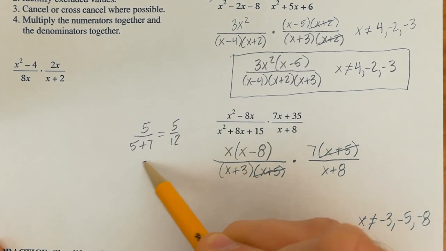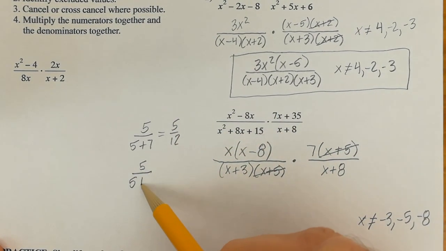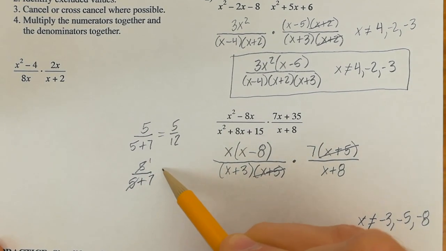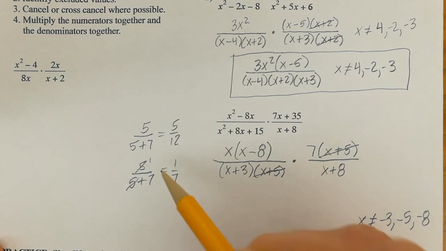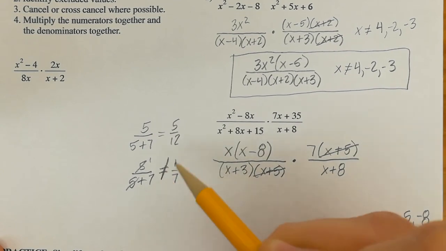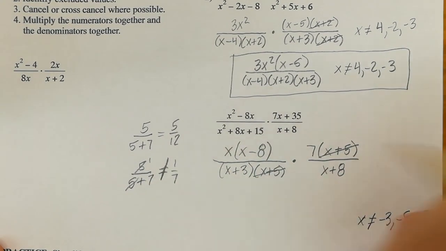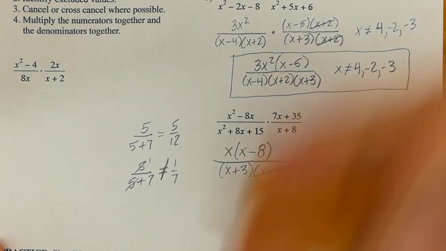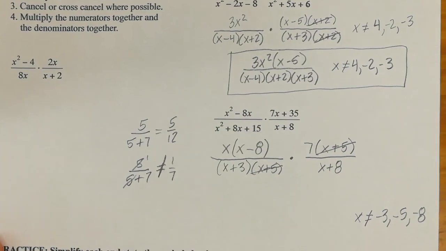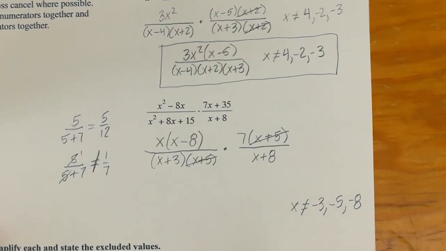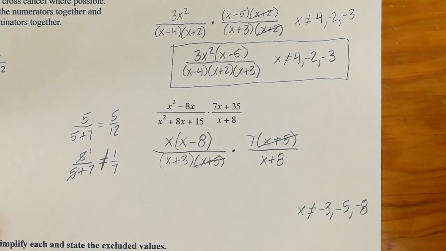Imagine if we said we can cancel out these 5's, and then you would be left with a 1 up top. Well, that's not correct. So that's why you cannot cancel if something is involved in addition. If it were multiplication, it would work out. I could show that with numbers too, but I don't want to take the time. You can try that yourself. So you cannot cancel this x with this x.